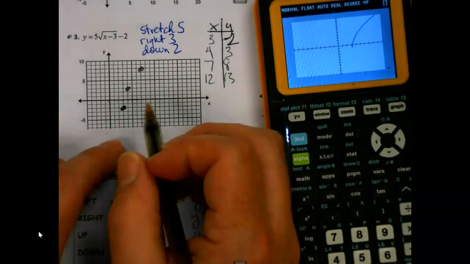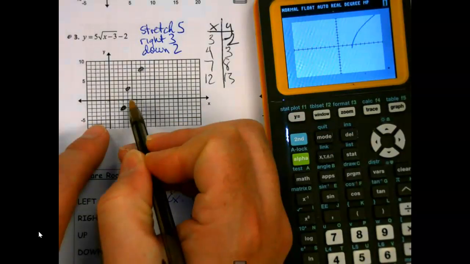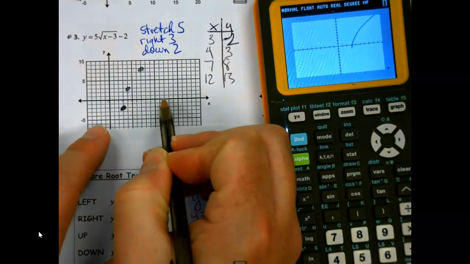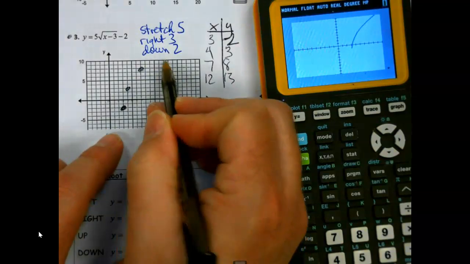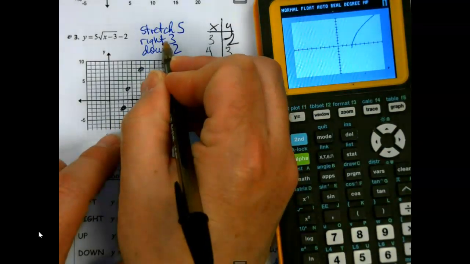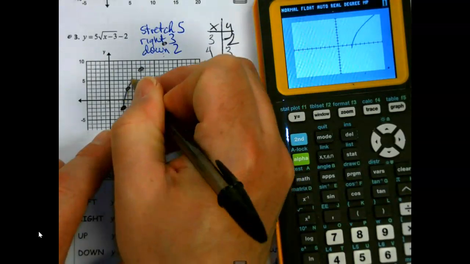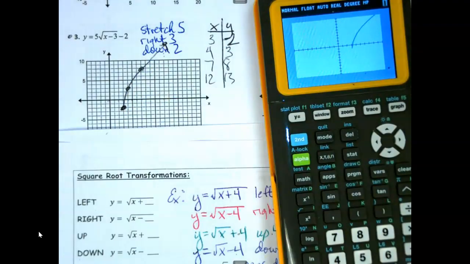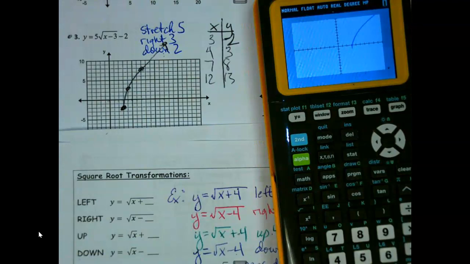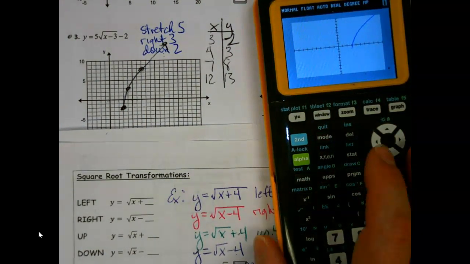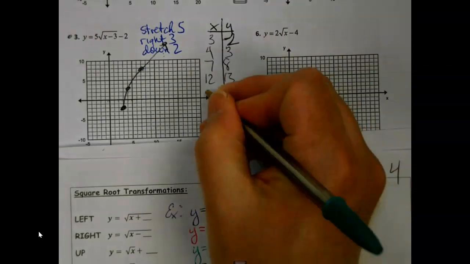I'm going to wing it on this last one. So 5, 10, 11, 12. 13 is going to be like up here somewhere. So super wide. Then again, keep it simple.